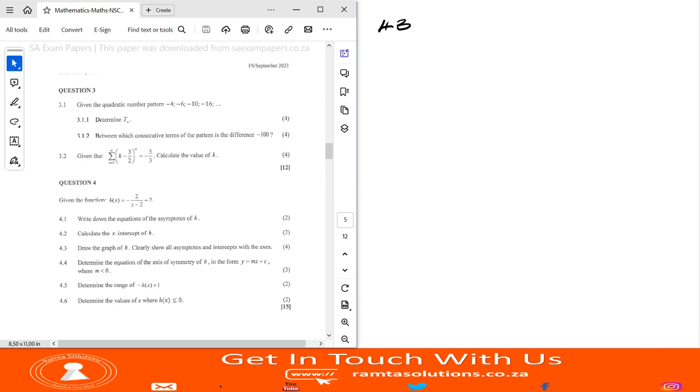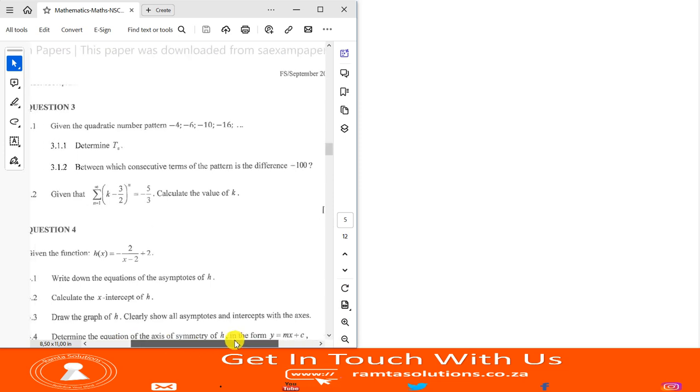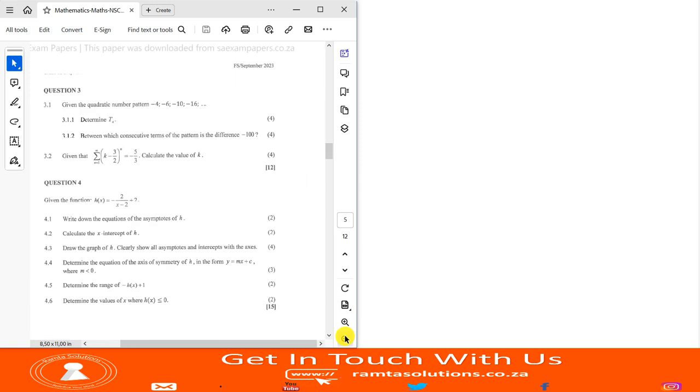Remember guys, if you're using a mobile device, please rotate your screen. 4.3 says we must draw the graph of h, clearly showing all asymptotes and intercepts with the axes. So we only have the x-intercept so far. Let's confirm the y-intercept.